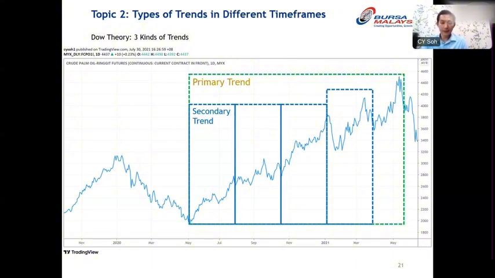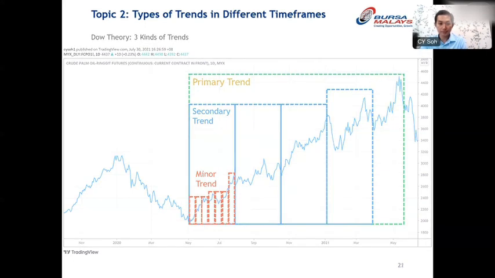Similarly, in a secondary trend, there are many minor trends. So this is where we are breaking it down even further: multiple minor trends would form a secondary trend, and multiple secondary trends will form a primary trend. Which is why, regardless of the time frame that you're trading, somehow or another you are doing a form of trend trading.